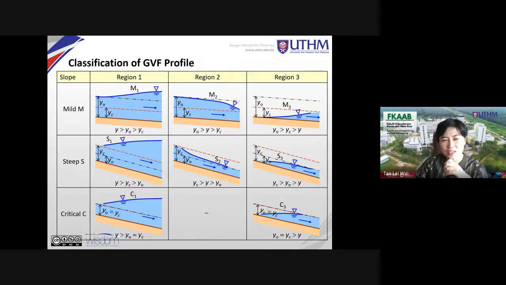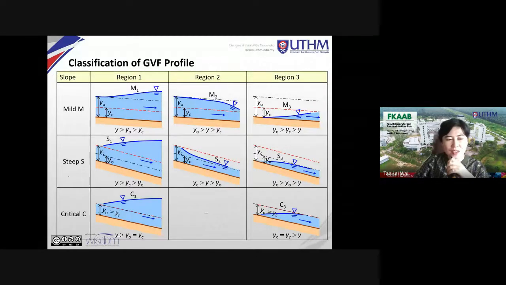If you look at this, this is a gradually varied flow profile that will be produced. This one as well. It depends on the depth of the flow profile produced, then you are going to have which classification it would be. This is normally due to flow drying out. So you are going to have this case.